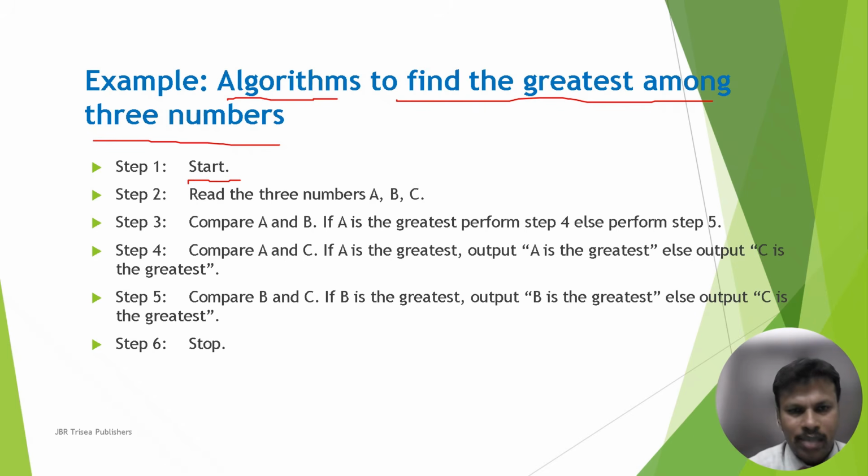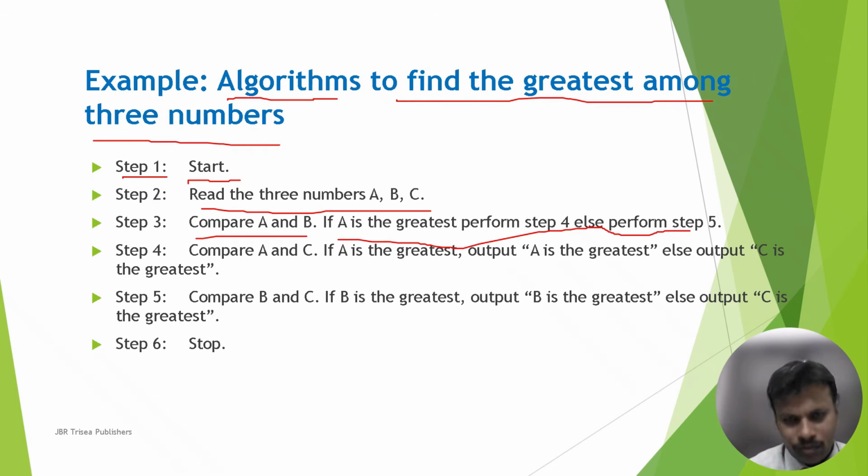As I already mentioned, in step 1 start, step 2 read three numbers A, B, C, then in step 3 you need to compare A and B. If A is greater, then perform step 4, or otherwise perform step 5.